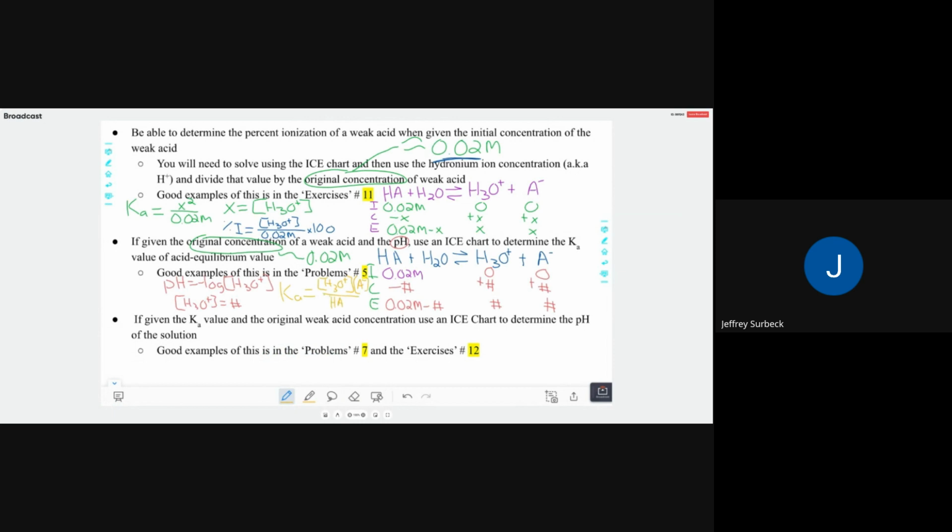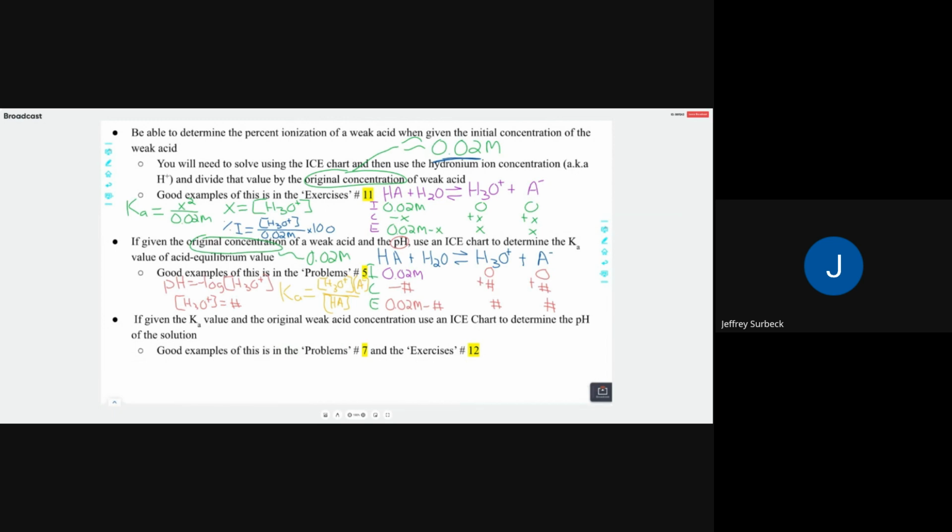Last problem still involves an ice chart here. We need to determine the pH. So this is where I was jumping ahead. Okay? Again, what was said that we had to find for the pH? H3O plus. So it's going to look very, very similar to the first problem up top here. We can write it down just to show you again.